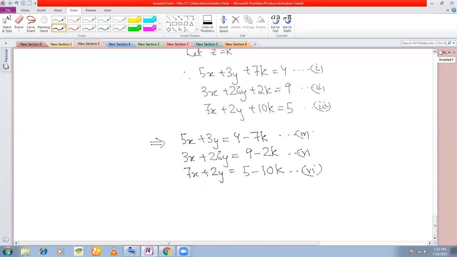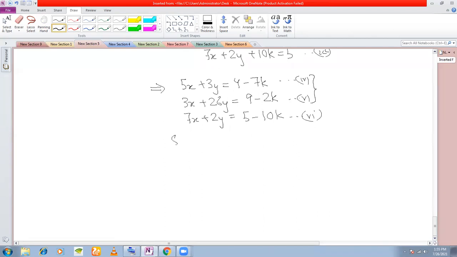Now what we are going to do is solve for x and y from these two. So solving 4 and 5. How do you solve? Let me write the answer. You can solve for x and y. You will get y is equal to k plus 3 by 11.